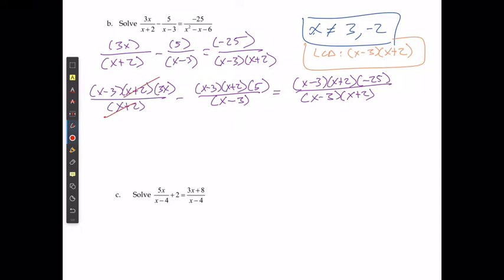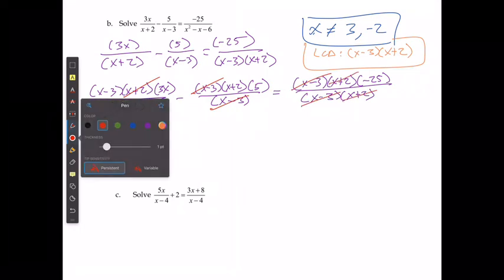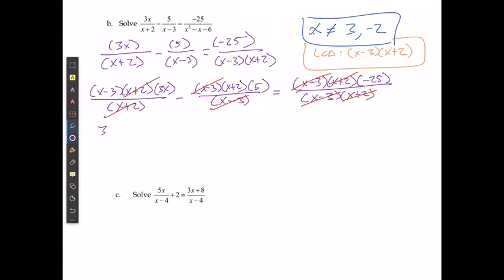Take out the common factors from each set. And I'm going to wind up with 3x times x minus 3 minus 5 times x plus 2 is equal to negative 25.